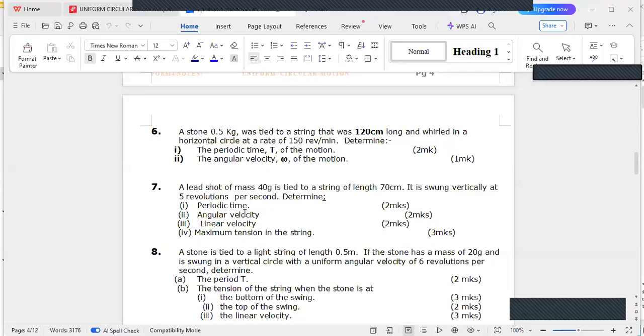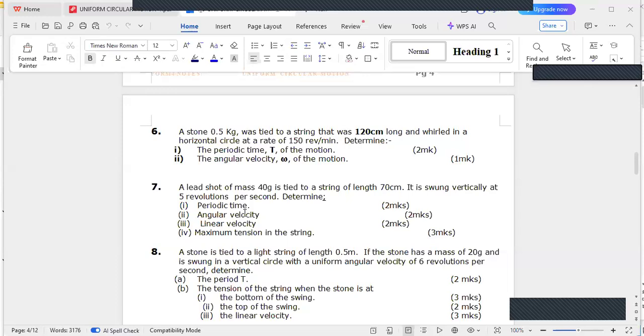So you say periodic time T equals 1 over f, which is equal to 1 divided by 5. That is 0.2 seconds. Roman 2, angular velocity.